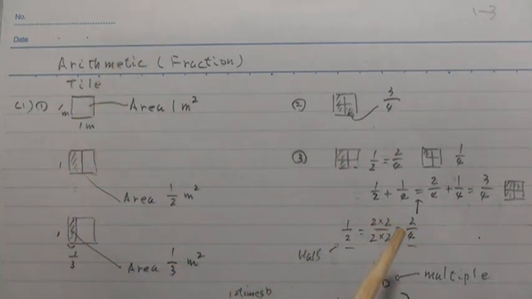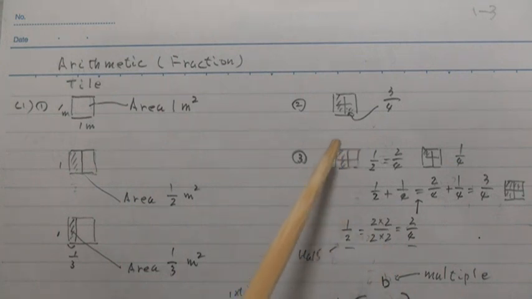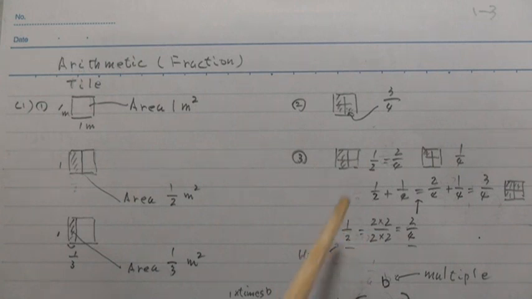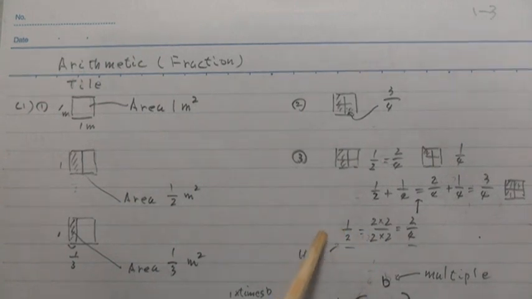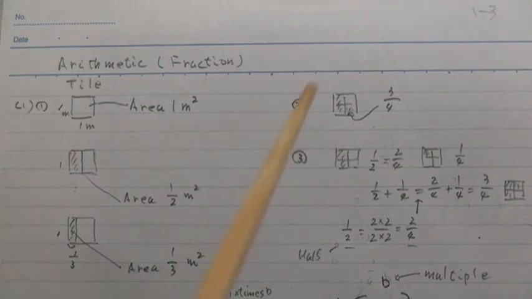And 2/4 equals, count 1, 2, 3, 4, and this area is 1, 2, so 2/4. And multiplying by 2 gives this value.